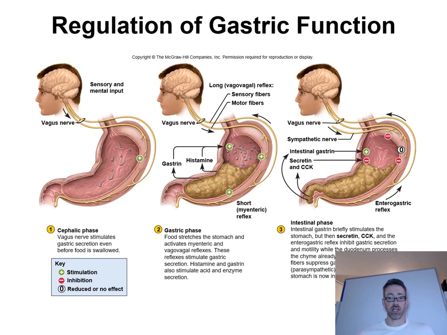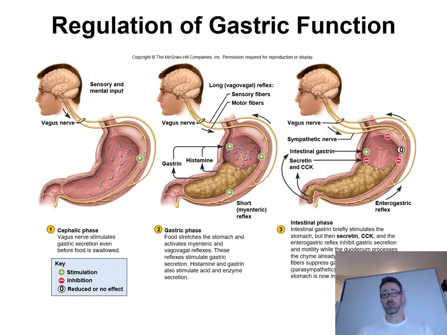The regulation of gastric function. There's really three parts to it: the cephalic phase, the gastric phase, and the intestinal phase. In the cephalic phase, there's some sensory input where you see the food, you smell the food, you're thinking about food.